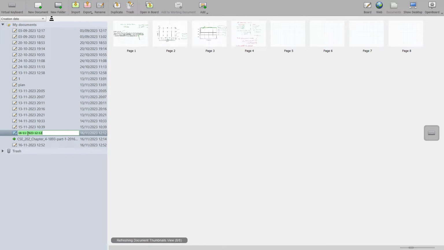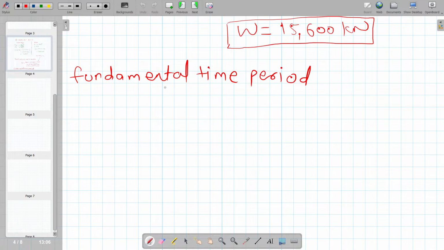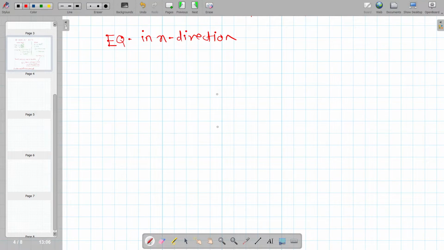So let's get back. Fundamental time period. We are considering the earthquake in x direction. Okay, so the formula is T is equal to 0.09 h divided by root d. So that is equal to 0.09 into h, the height of the building.